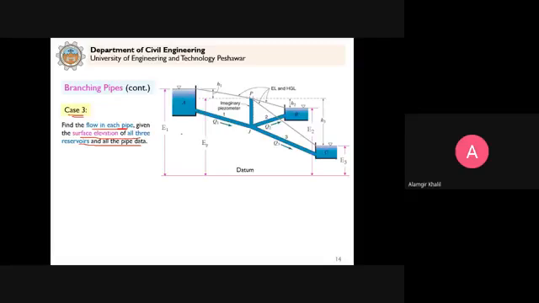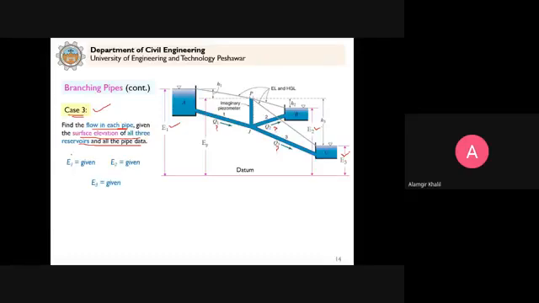So now we have to calculate the flow rates: what is Q1, what is Q2, and what is Q3. And E1 will be given, E2 will be given, and E3 will be given. So this is case 3 now.